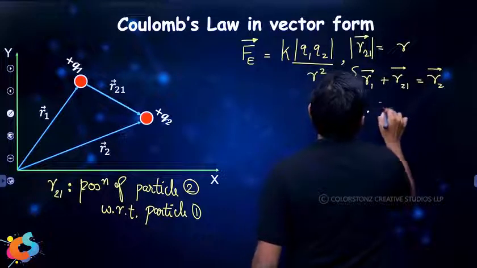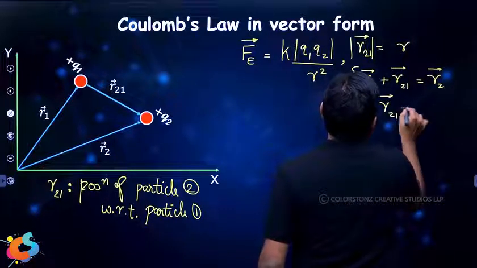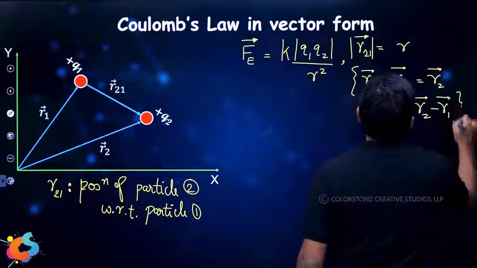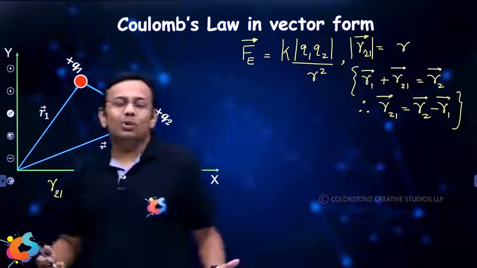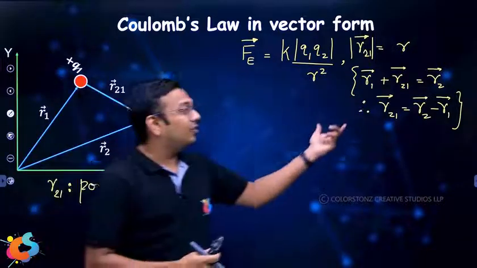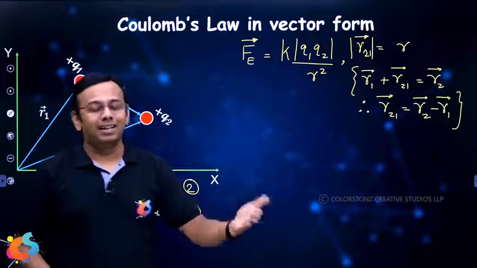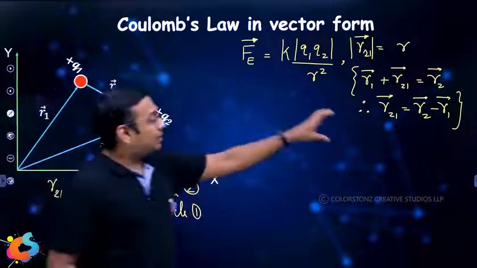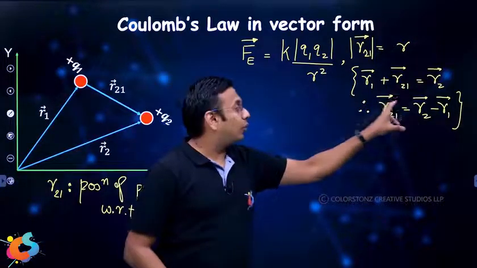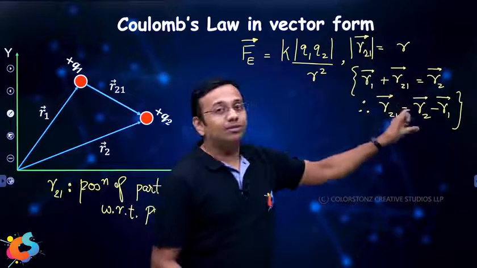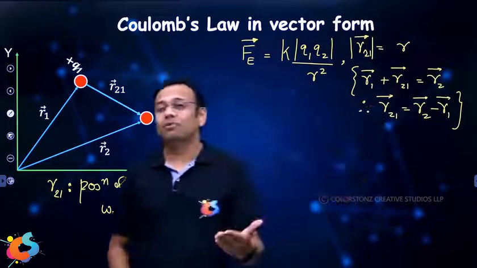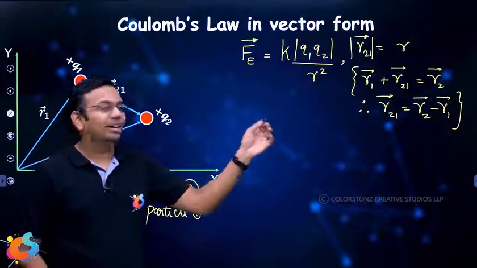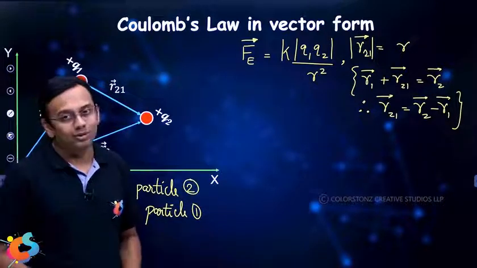And therefore, R21 vector is nothing but R2 vector minus R1 vector. That is what we define as the relative position in kinematics, or relative velocity, relative acceleration. Position of 2 with respect to 1 is nothing but position vector of 2 minus position vector of 1. The same concept, the same idea is used for velocity also.